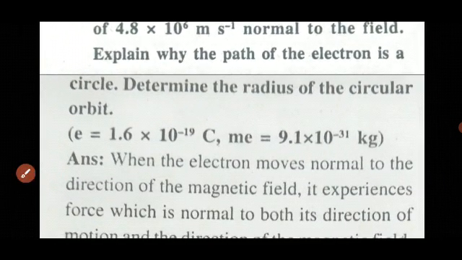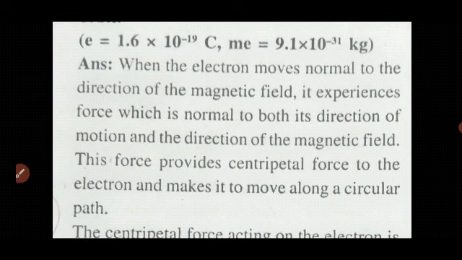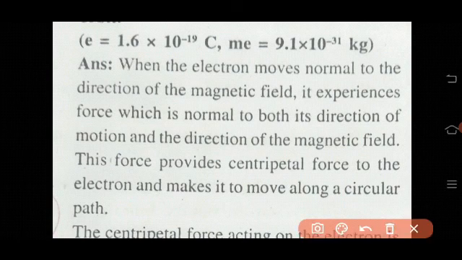Just see this definition: when an electron moves normal to the direction of the magnetic field, it experiences a force which is normal to both its direction of motion and the direction of the magnetic field. This force provides the centripetal force to the electron and makes it move along the circular path.